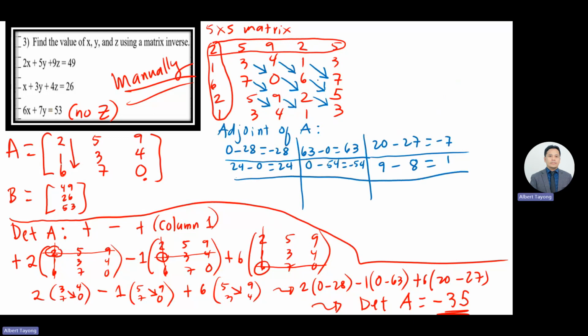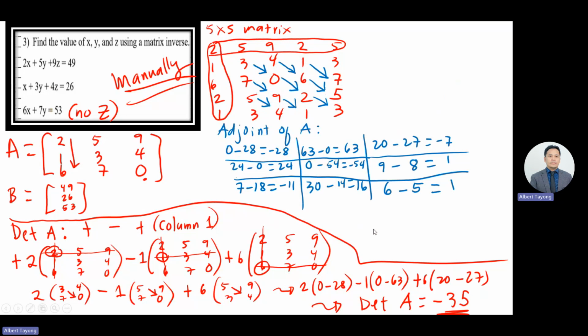Let's proceed to the last 3 arrows, starting with 1 times 7. 7 minus 18 is equal to negative 11. 7 times 1, 6 times 3. And then 6 times 5, that's 30. Minus 2 times 7, 14 equals 16. Then 2 times 3 is 6 minus 1 times 5. So that will be 1. So we call this our adjoint of A.